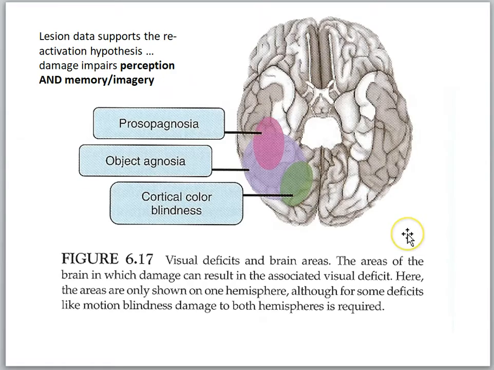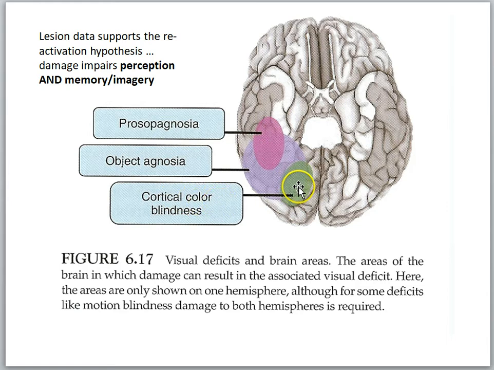Now, if the reactivation hypothesis is true, then it makes certain predictions about what should happen when a subject suffers brain damage. Let's take a look at three regions of the brain that seem to specialize in different visual processing. There's a region of the brain that becomes active when subjects see objects that have color. In other words, this region seems to be processing color. And in fact, when it's damaged, people report color blindness.